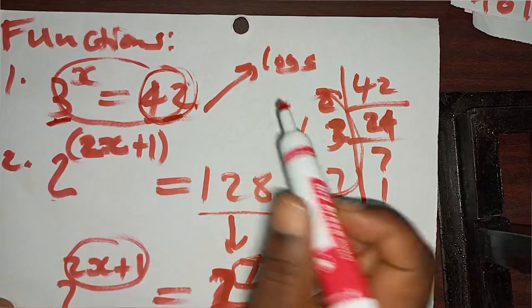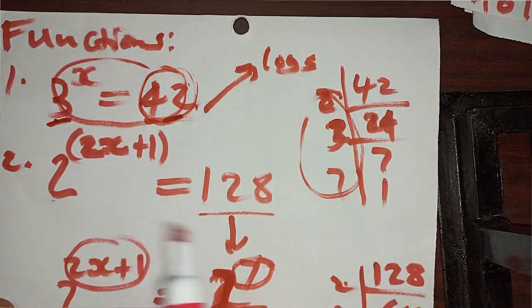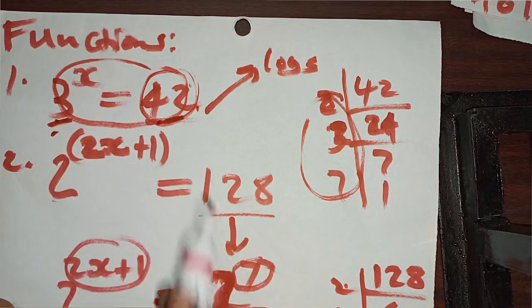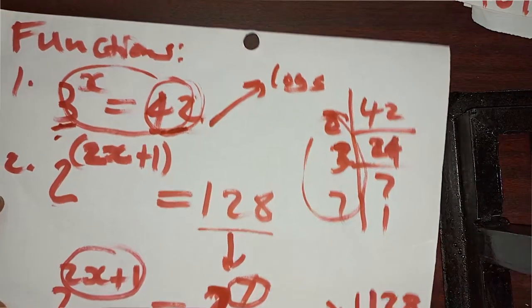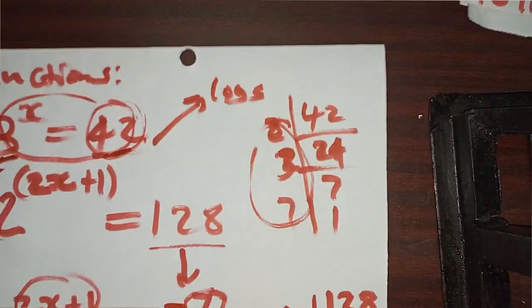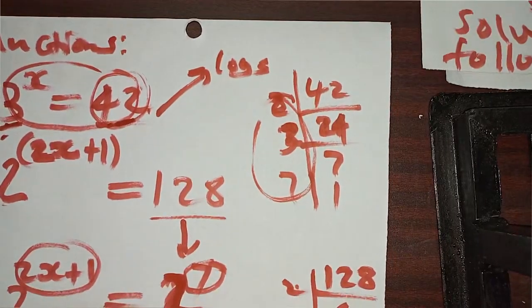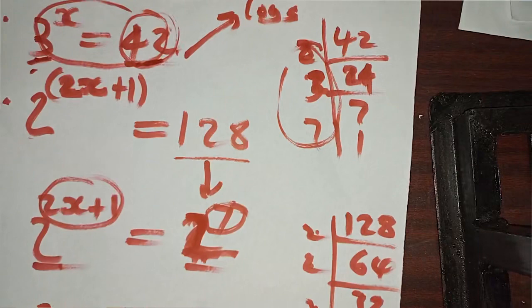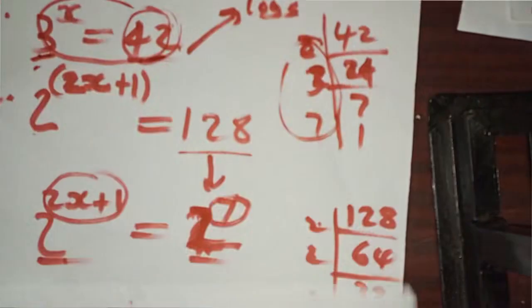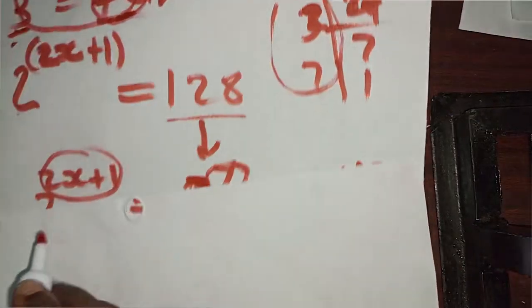you may do this. If you find that, for example, we have 3 to the power x, which equals 42 there. For example, this 42 we have seen cannot be expressed as a base of 3.